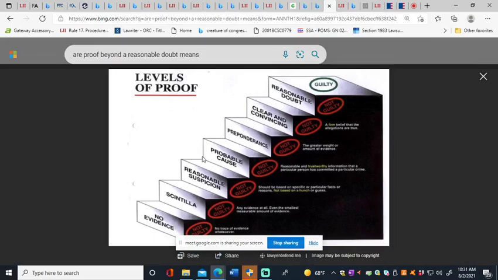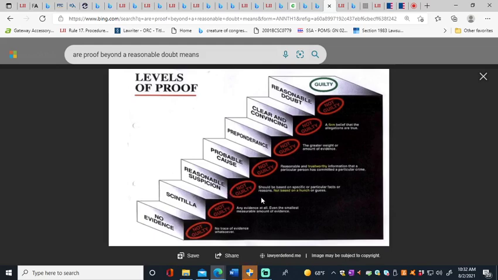So, levels of proof. No evidence, meaning no trace of evidence whatsoever. They call it scintilla: not guilty, any evidence at all, even the smallest measurable amount of evidence that says not guilty.